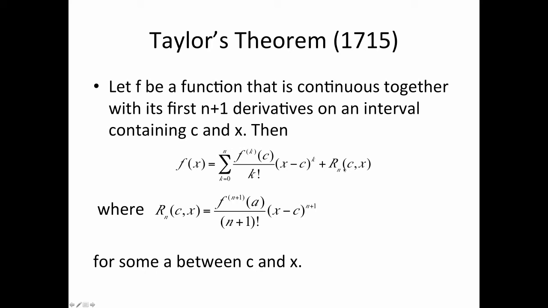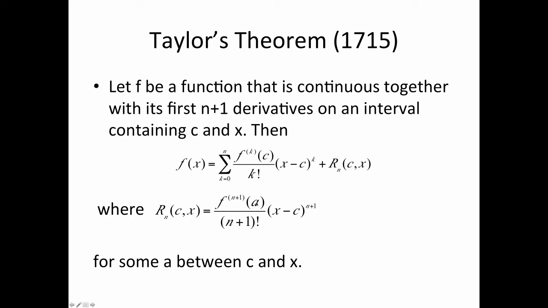Well, what is the remainder? Taylor's theorem tells us it is some value of the n plus first derivative of f divided by n plus 1 factorial times x minus c to the n plus 1, where a is some value between c and x.